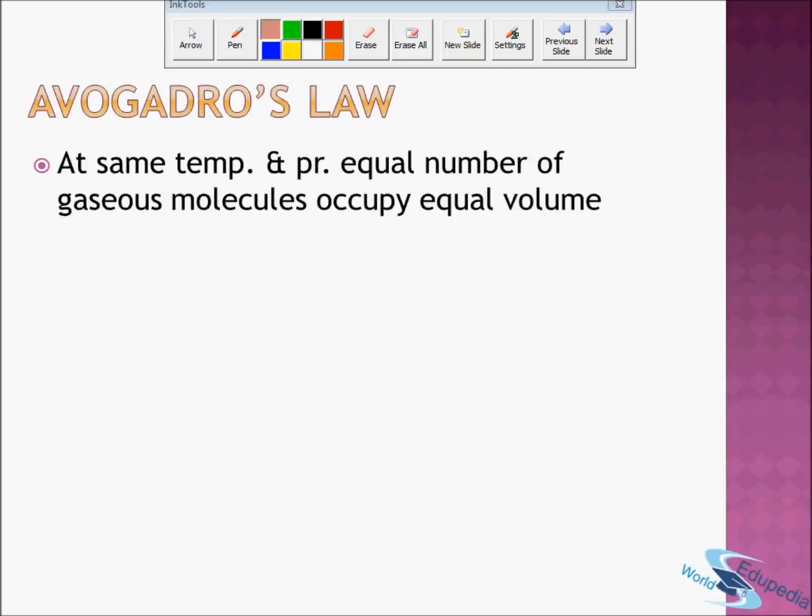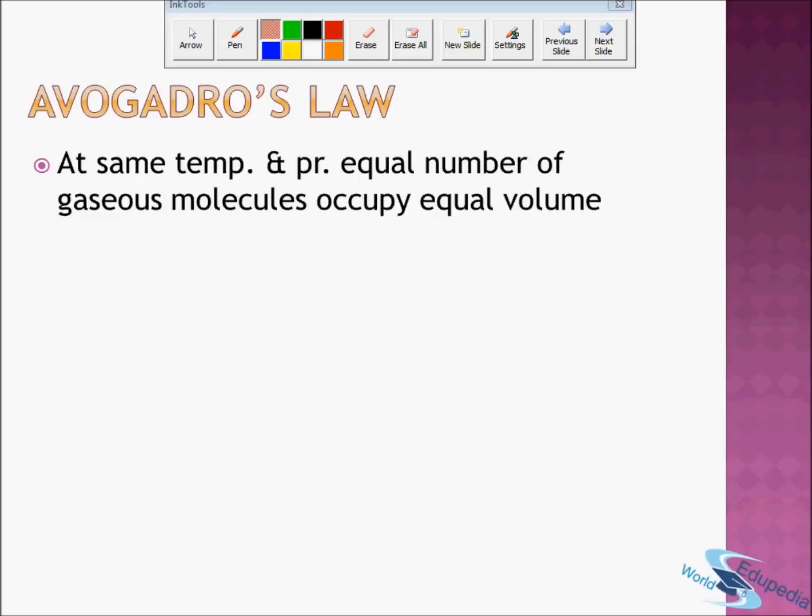He just said that if you have say 10 molecules of gas 1 and 10 molecules of gas 2 at same temperature and pressure, then both of these gases will occupy same volume irrespective of the type of gas. And whether you measure that volume here in India or in Pakistan or in US or in Canada, it will always measure same. At a given temperature and pressure, the volume will come out to be same.